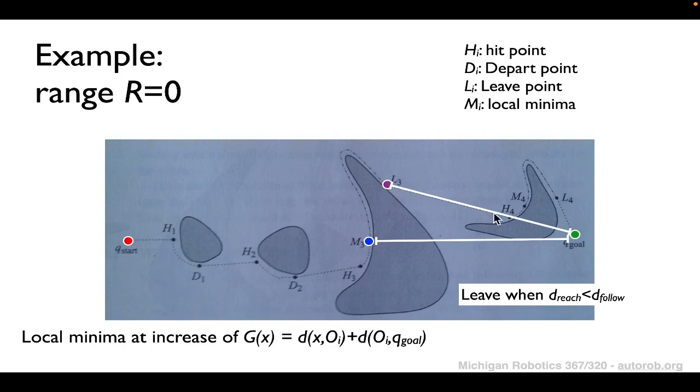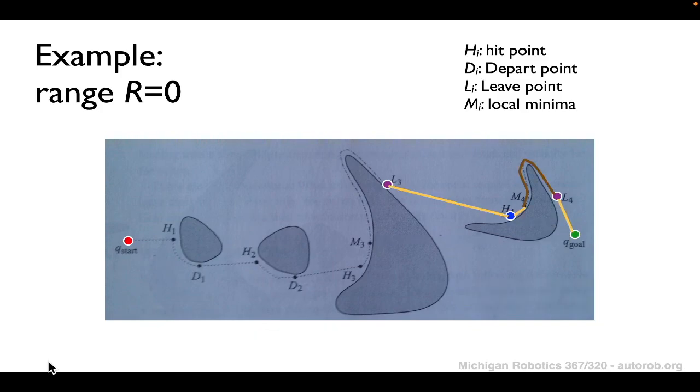Visually, we can see that at this point d-reach is in fact less than d-follow, and so that causes it to break out of the boundary follow behavior and move back towards the motion to goal behavior. This results in the final sequence within the path planning, which includes another boundary follow behavior, very similar to the first one that we stepped through.